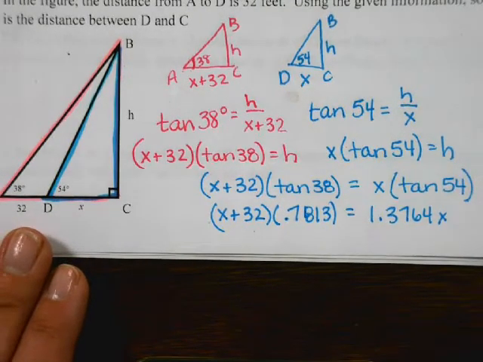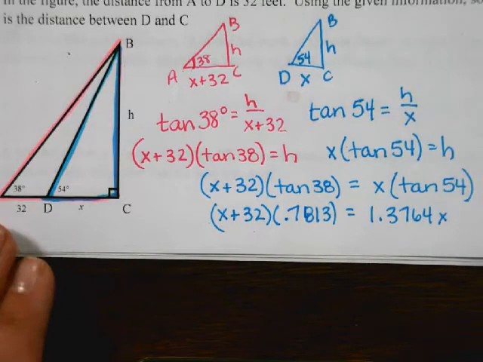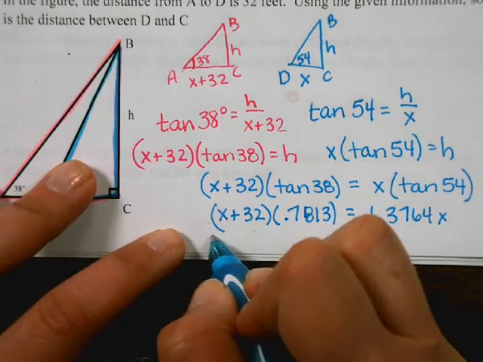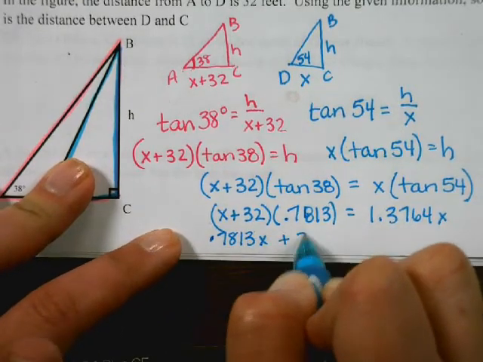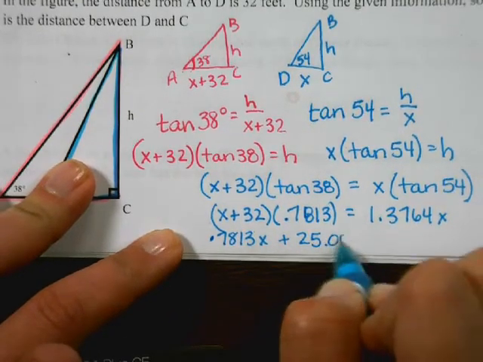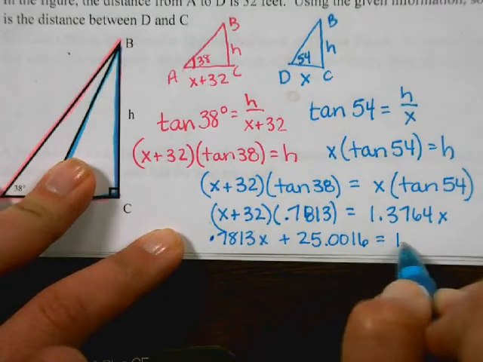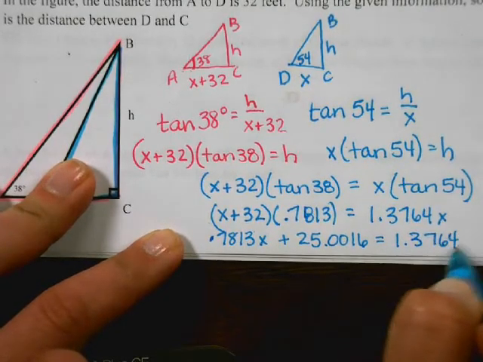So 0.7813 times 32. So 0.7813x plus 25.0016 is equal to 1.3764x.